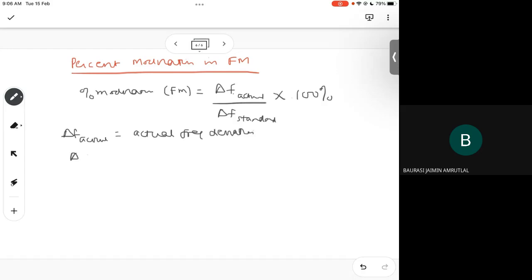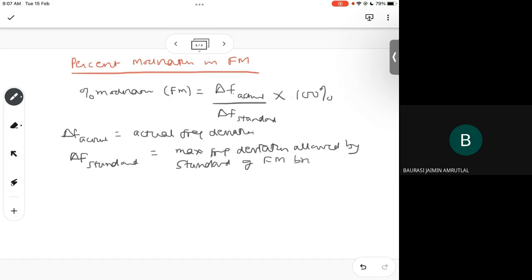And delta f standard means what is allowable: the maximum frequency deviation allowed by the standard of the FM broadcast communication system.